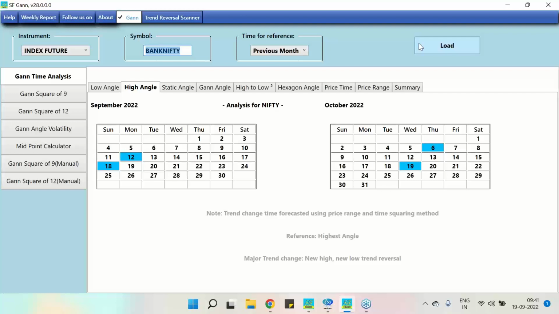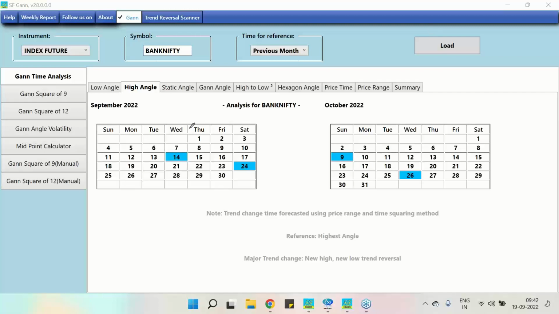So 19th is working perfectly as per the trend reversal expectation. Out of 4, one is a holiday that coincides with the 19th. Out of these 4, 3 are working days. Out of 3 working days, 2 have already worked, and the third one today is also working. So Bank Nifty he will show you.